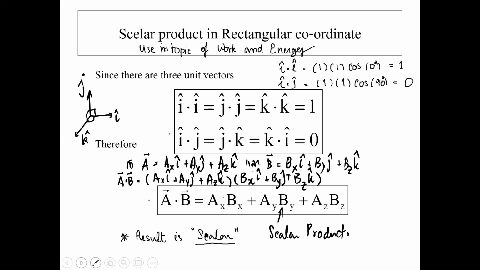And this is called scalar product because the answer comes out as a scalar. It doesn't have a vector.